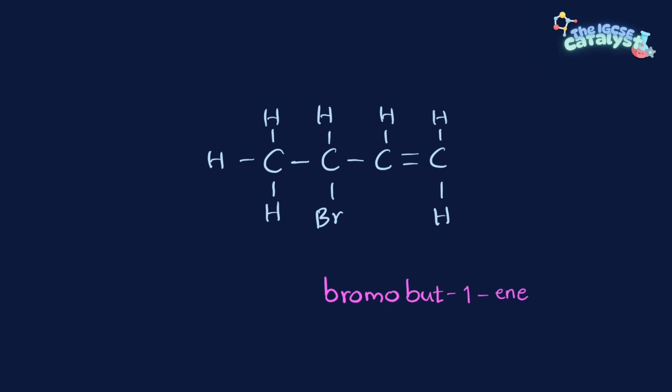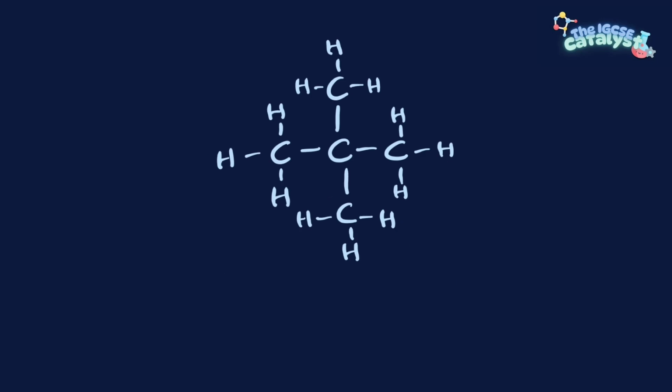And lastly, it's the number where the substituent is connected to. So it's carbon number 3 here that this bromine atom is attached to. The final answer we get is 3-bromo-but-1-ene.